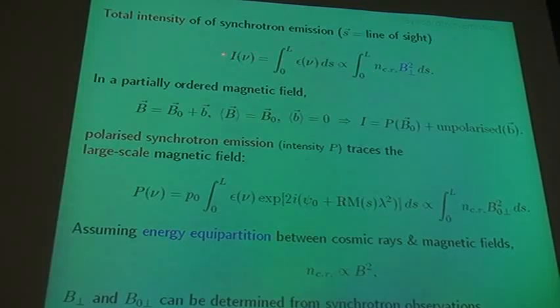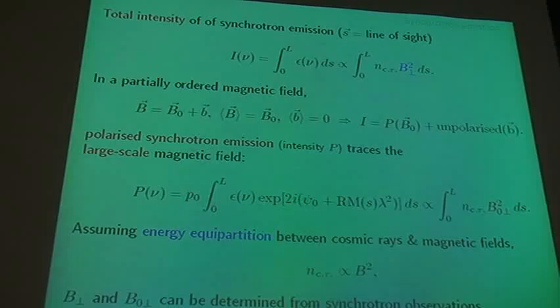The intensity of synchrotron emission is sensitive to the magnetic field in the plane of the sky. But we have the rotation measure, RM. This is sensitive to the magnetic field along the line of sight. So we have two complementary observables.